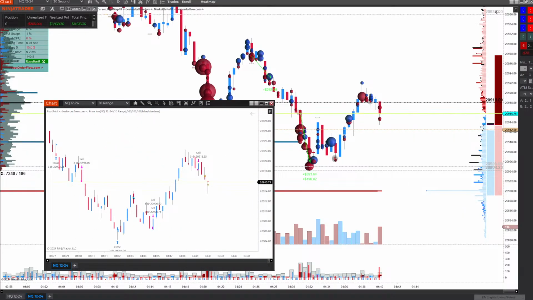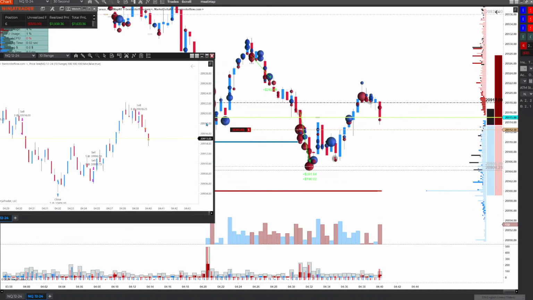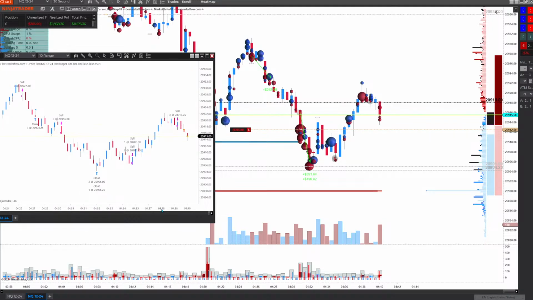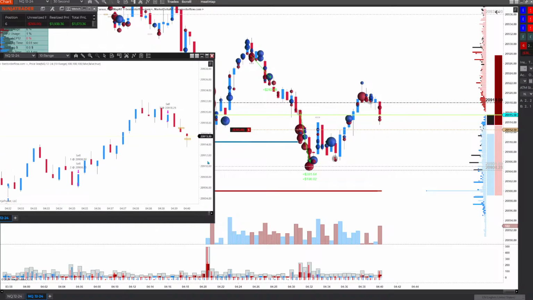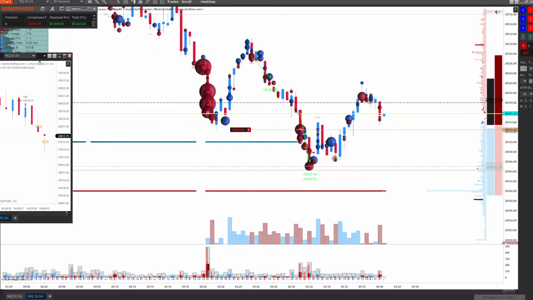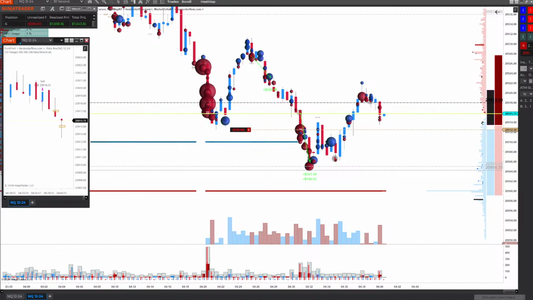And now we may find a support somewhere over here, but we'll see. The price is going to tell us the story, and we better listen to the story that price is telling us rather than invent our own story.